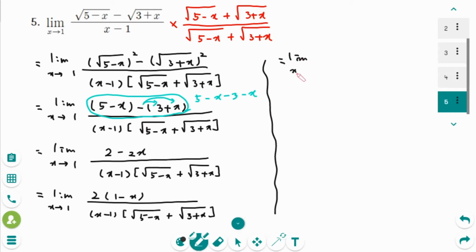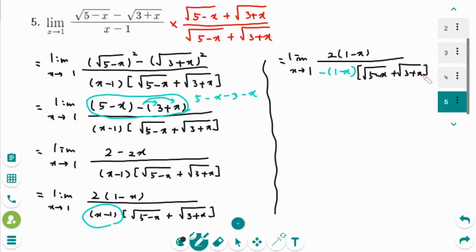so the numerator is 2, 1 minus x over, change x minus 1 to get minus 1 minus x, and then times square root of 5 minus x plus the square root of 3 plus x.